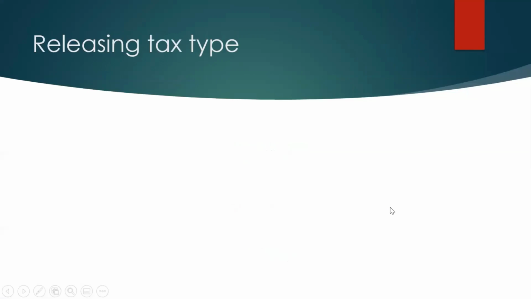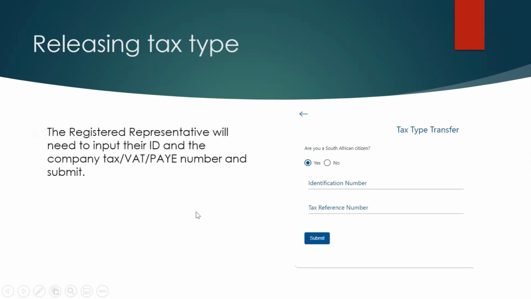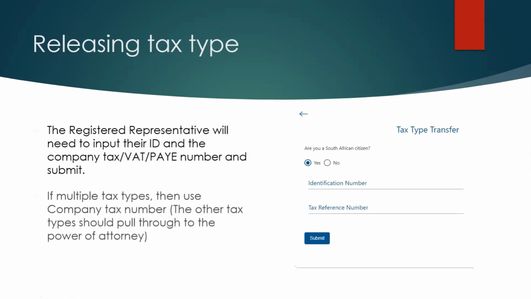Now, once clicked on the manage tax type transfers, you'll see a tax type transfer box that comes up like this. The registered representative would put in their identification number and the tax reference number of the entity that they are requesting. Okay, now, as in the previous slides, I mentioned that you can request multiple.